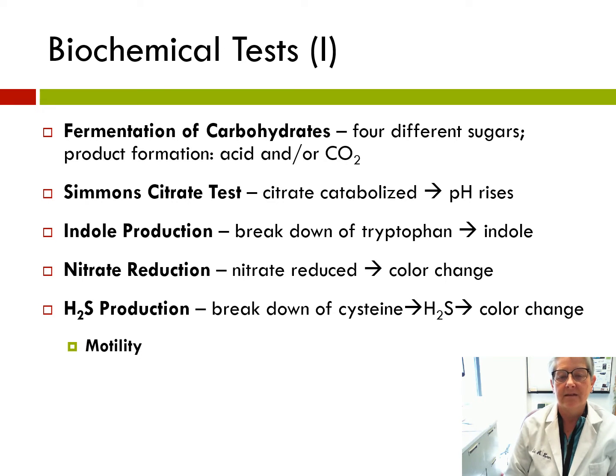Can nitrate be reduced? And that also will cause a color change. And we'll also look at hydrogen sulfide production. If your bacteria can break down cysteine, it produces hydrogen sulfide, and we see a color change. And then we will also look at motility. That is, is your bacteria motile? Can it move? Does it have flagella or other cellular components that help it move?